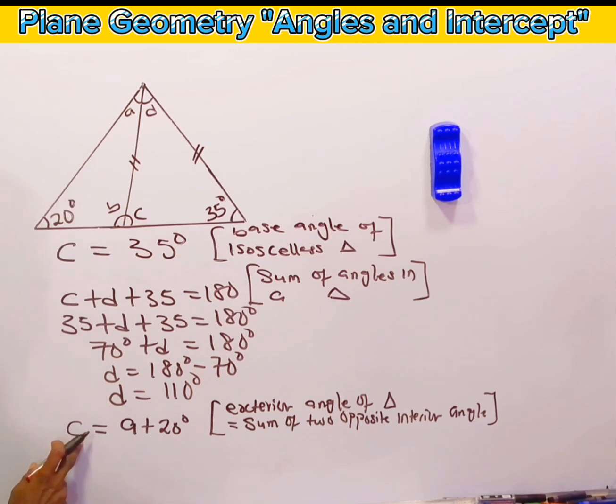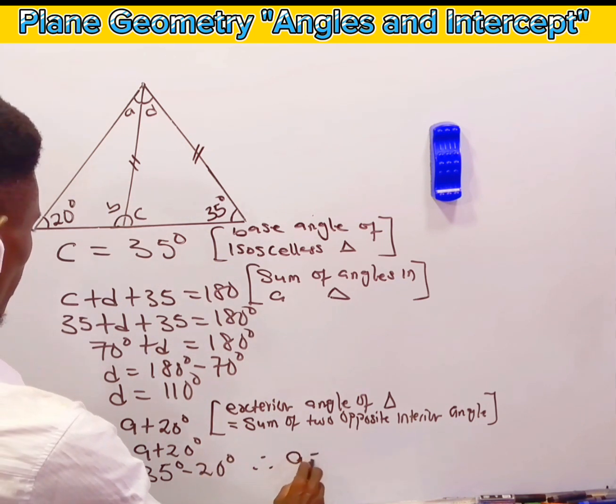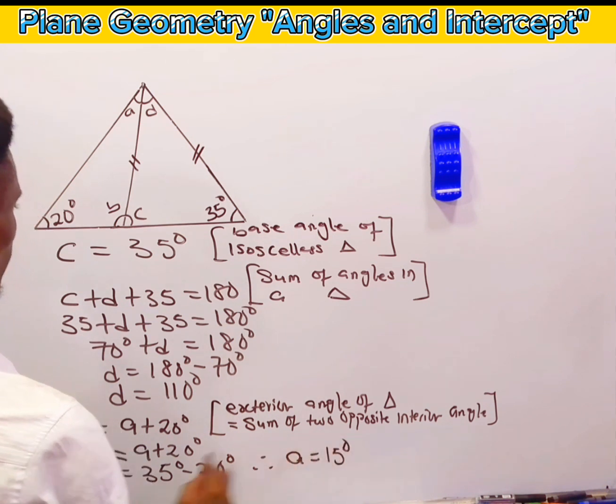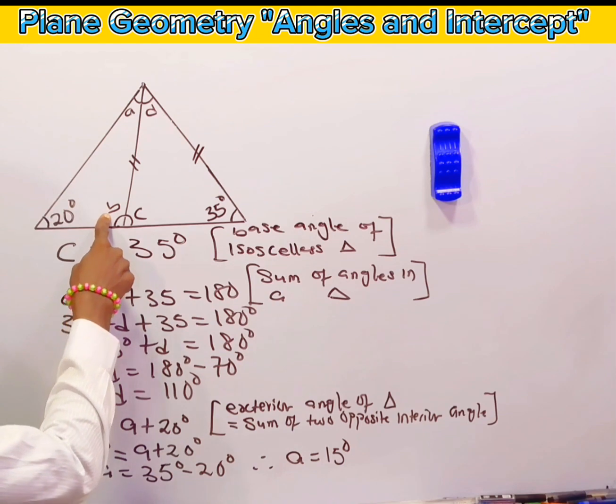But C is 35 degrees. So we say 35 degrees is equal to A plus 20 degrees. Making A the subject, A will now be 35 degrees minus 20 degrees. Therefore, A is equal to 15 degrees.